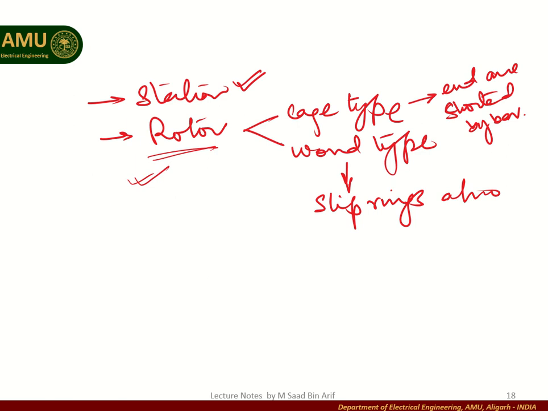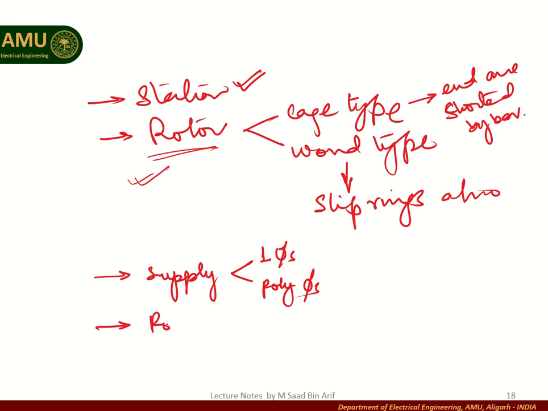Now you will observe that depending upon the supply, we can classify induction motors as single phase and polyphase, and depending upon the rotor construction, we can classify induction motors as cage type and wound type.